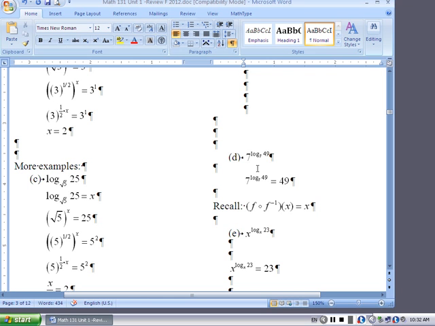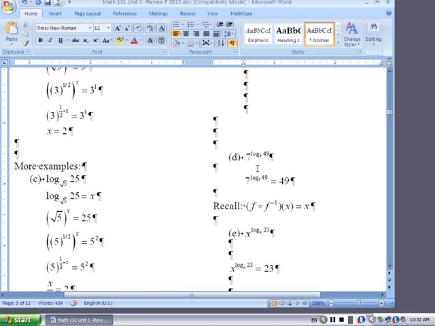Okay, right here. Log to the base 7 of 49. What is that? You're asking yourself, what is the power, so that 7 to that power is 49? Remember? 7 to what power equals 49? 2.